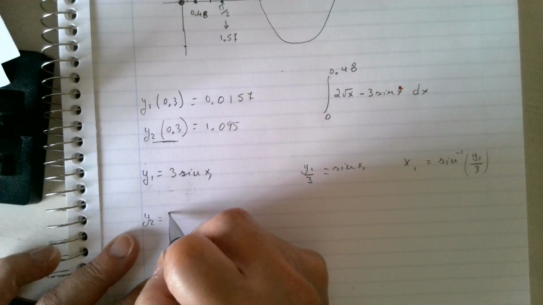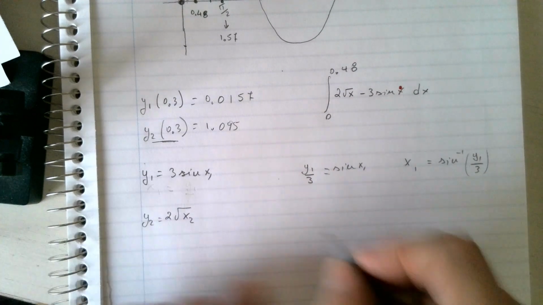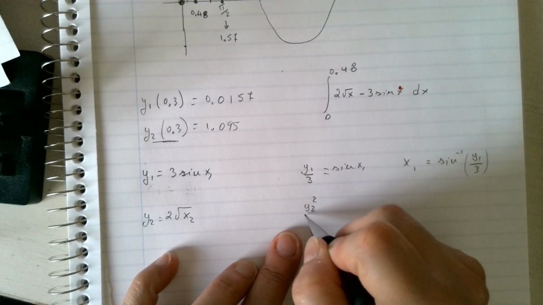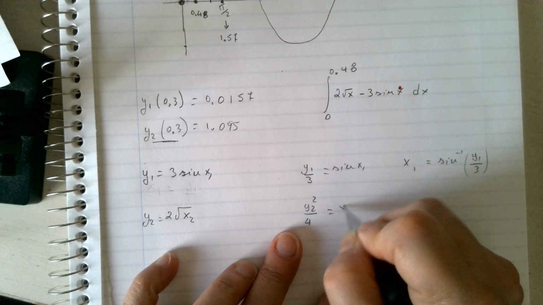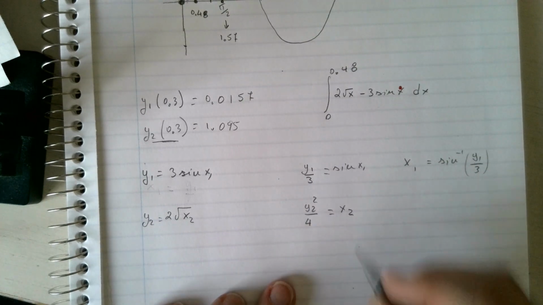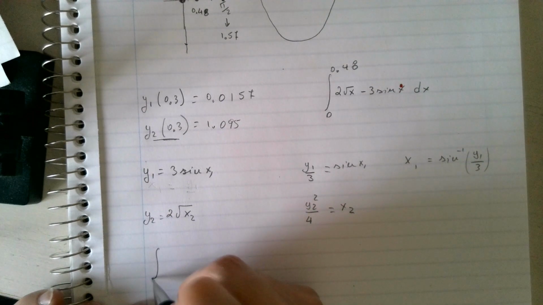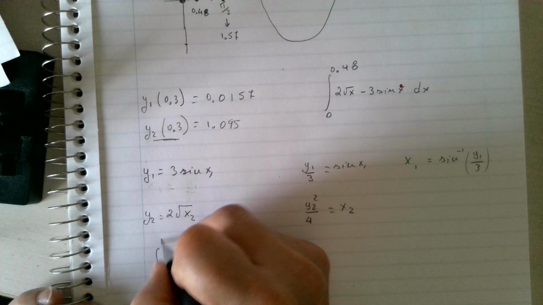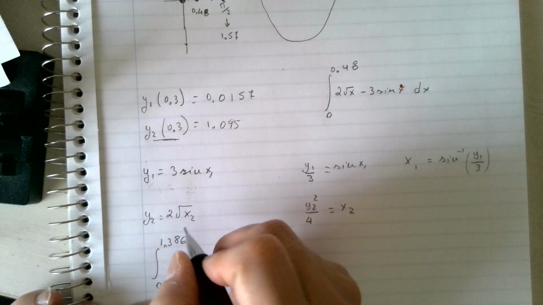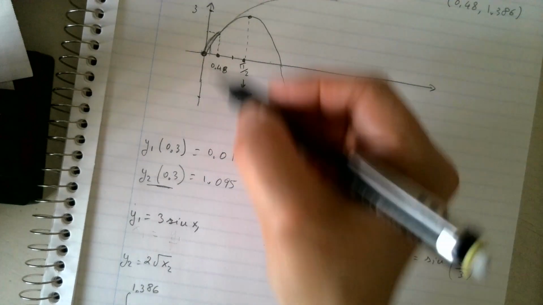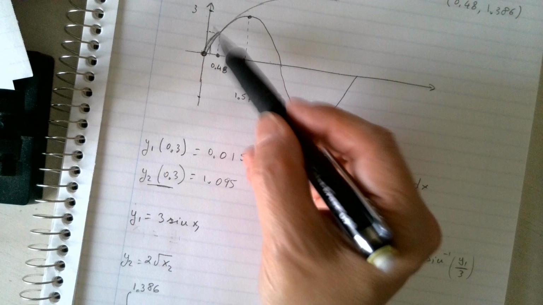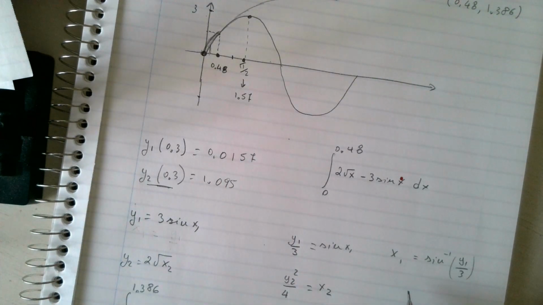So y2 is going to be 2 square root of x2. So this means that y2 squared over 4 is equal to x2. So at this point you can do the integral. Obviously now you have to go for the y, so between 0 and 1.386. But watch out, because the picture is not nice, you can try again with the y's and see which one is actually highest, the sine or the square root.